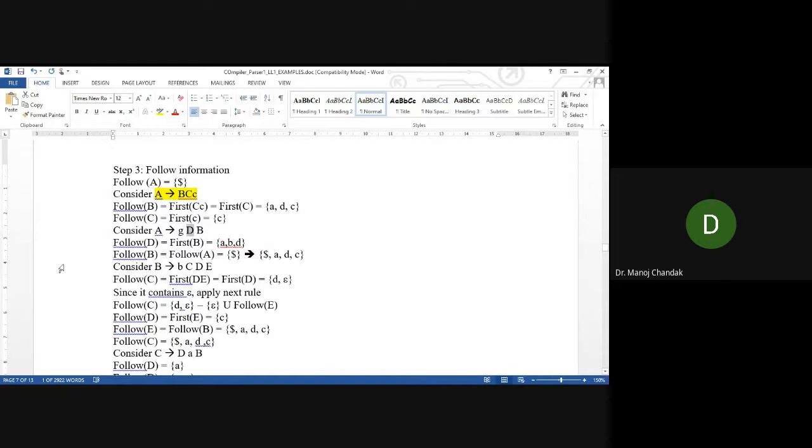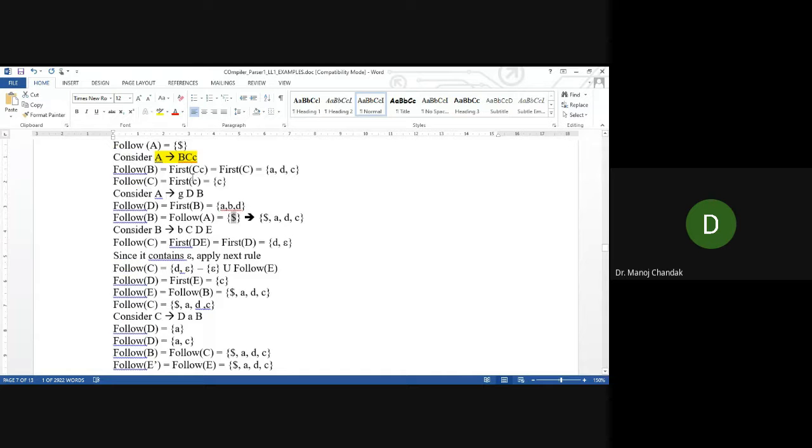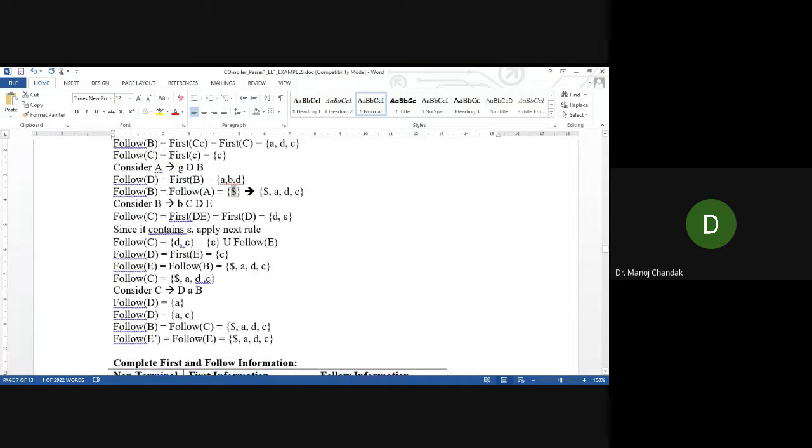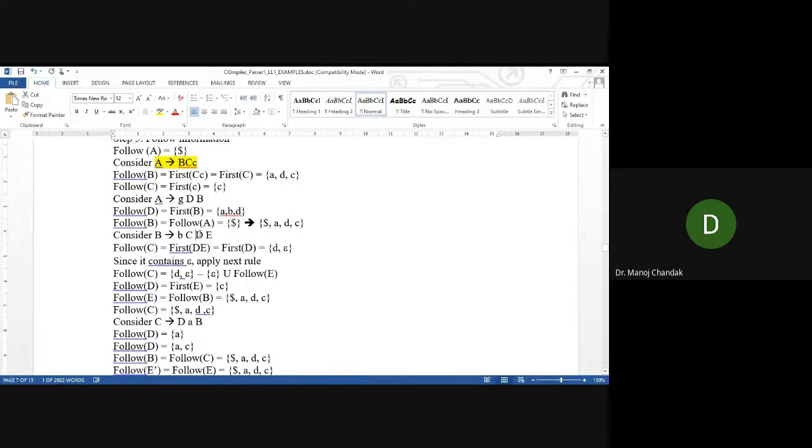So first of B will be ABD, and then we take it as follow of D. Follow of B is the last symbol, so it will be taking a circular linked list, so it's dollar. And we update this follow of D. In this way, we continue further. So everywhere you get a symbol, you will have to compute the follow for that symbol.